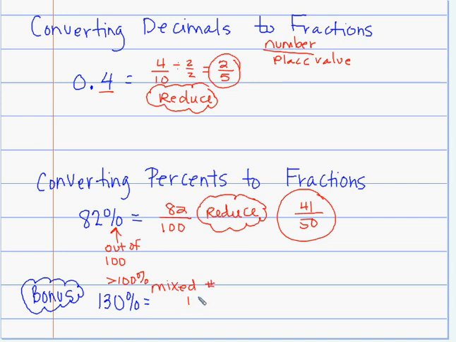So you can write 130 out of 100. There's nothing wrong with that. But then you have to reduce that again. And you divide, and you get 1 and 30 out of 100 if you did remainders, which would be 1 and 3 out of 10.